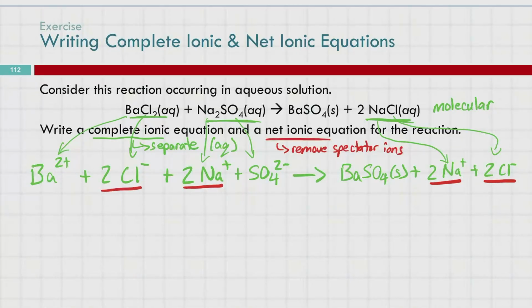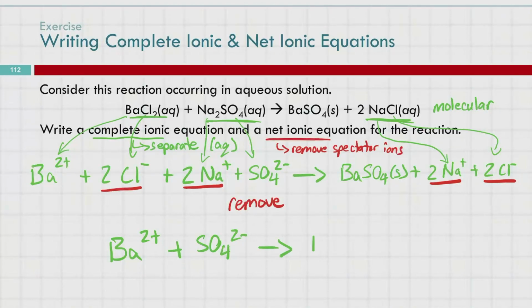So we're going to remove those. We're going to rewrite everything except for those. So it's Ba2+ and SO4 2-. We removed the Cl and the Na from the left side.